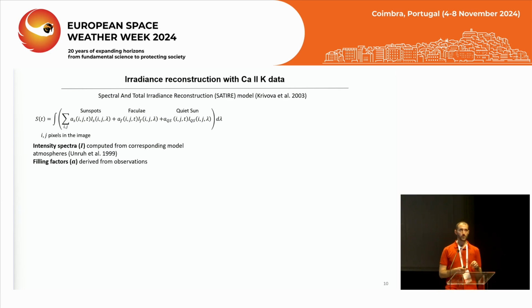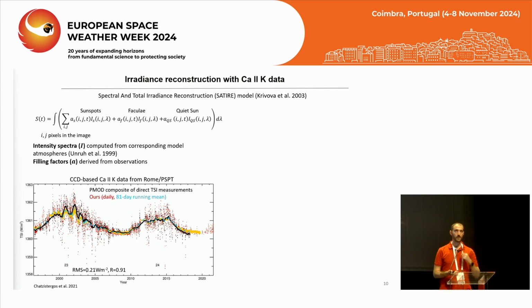For each of those, they get intensity spectra from radiative transfer codes from the corresponding model atmospheres. The observations are used to track where these features are over the disk, and accordingly use the intensity spectra that were computed.